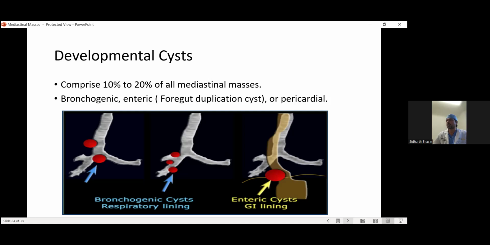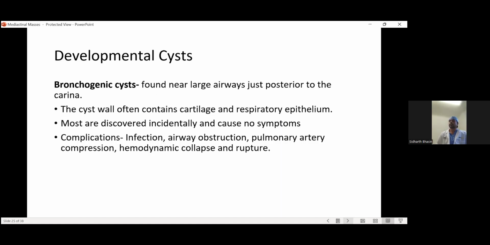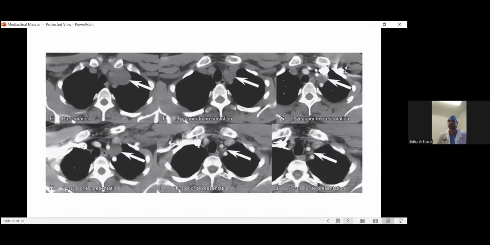Bronchogenic cysts are generally found near the large airways, just posterior to the carina. The cyst wall often contains cartilage and respiratory epithelium. They're discovered incidentally and cause no symptoms. You can have complications: infection, airway obstruction, pulmonary artery compression, hemodynamic collapse, and rupture. That's when they most often need intervention.